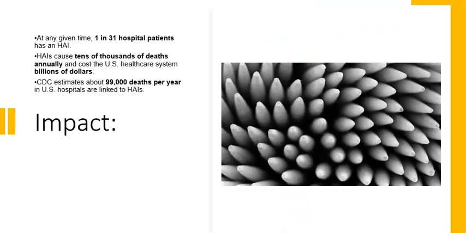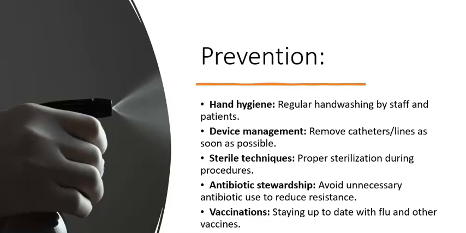At any given time, 1 in 31 hospital patients has a healthcare acquired infection, which causes tens of thousands of deaths. The CDC estimates 99,000 deaths per year, and that all comes from the CDC's website. Of course, your prevention, number 1, is hand hygiene, regular hand washing.